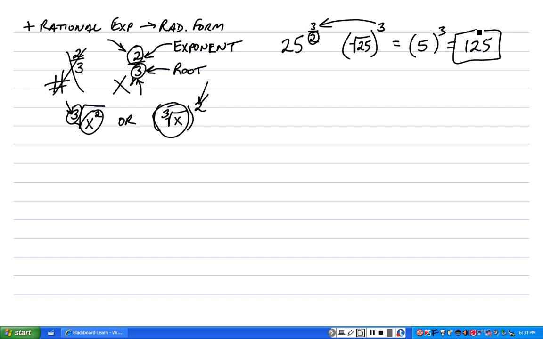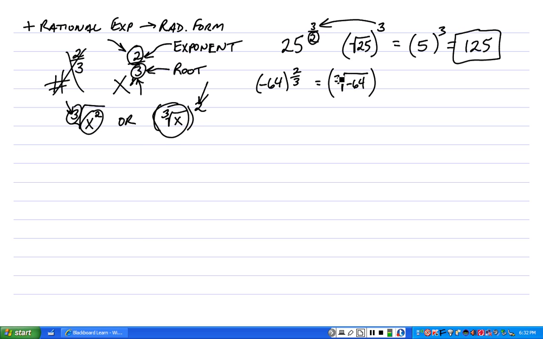Alright, let's look at another one. Let's say we have negative 64 to the 2/3. Now I can go ahead and take the cube root of negative 64, and this is possible.